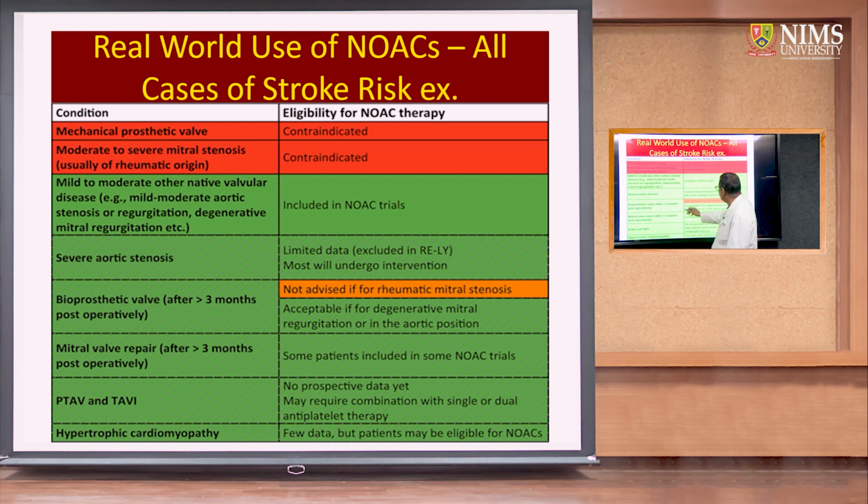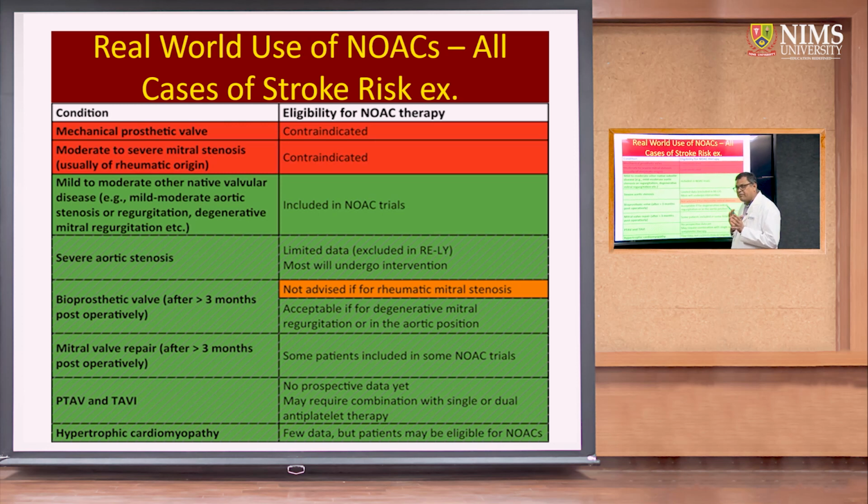Still, bioprosthetic valve: again, if it is due to rheumatic mitral stenosis, the LA may already be large. So, there you would prefer using a vitamin K antagonist, but for other kinds of bioprosthetic valves you could use NOACs.